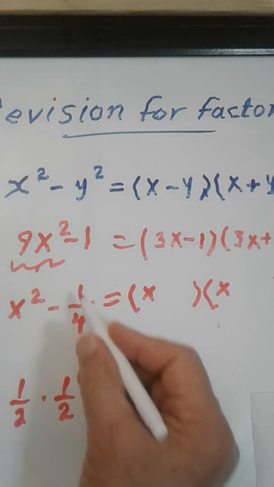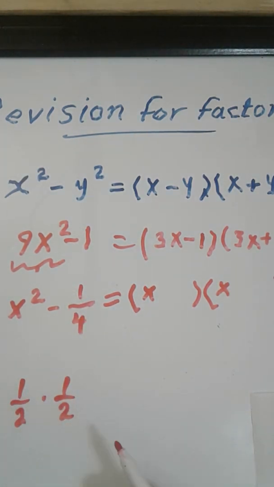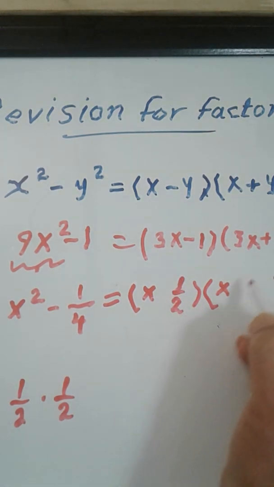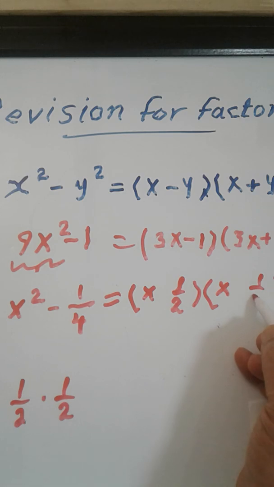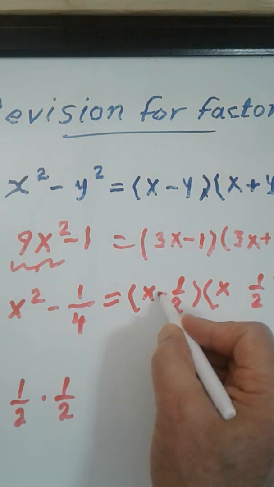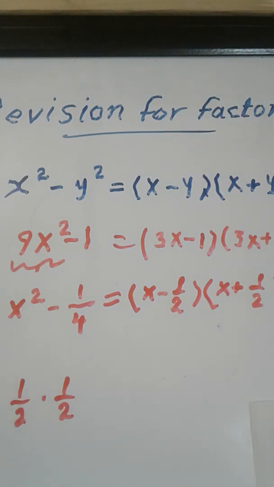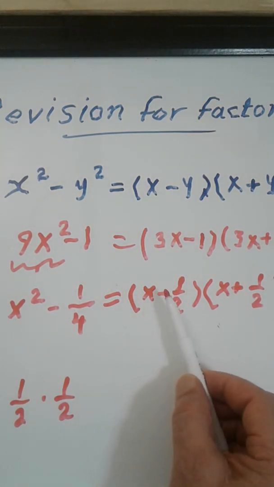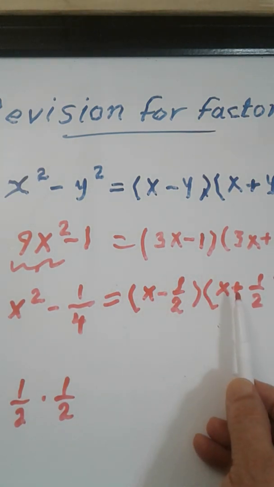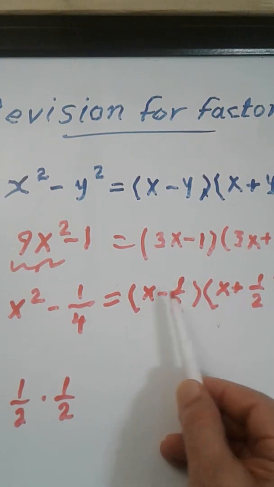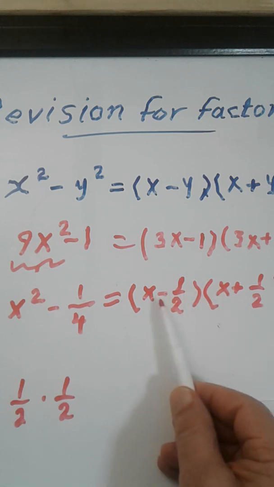The square root of 1 over 4 is 1 over 2. So we write here 1 over 2 and here 1 over 2, and minus and plus. And it doesn't matter if you write plus here and minus there, or if you write it as I did, that's fine.